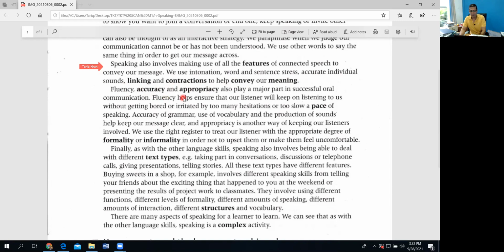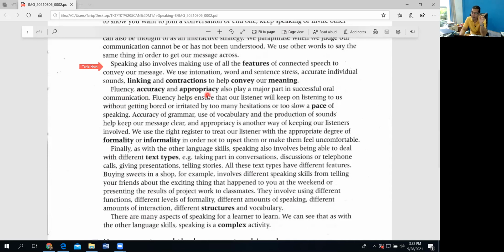Fluency, accuracy, and appropriacy also play a major part in successful oral communication. These three things have a very major role in communication. Number one, fluency. Two, accuracy. Three, appropriacy.